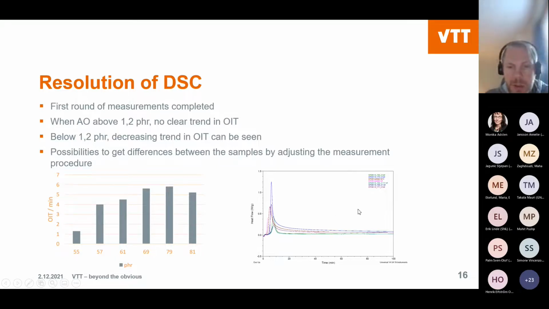And here on the right-hand side, we just plotted all the OIT curves that we had running. It's clearly the process that we see after 5 minutes or so, when the polymer starts melting.